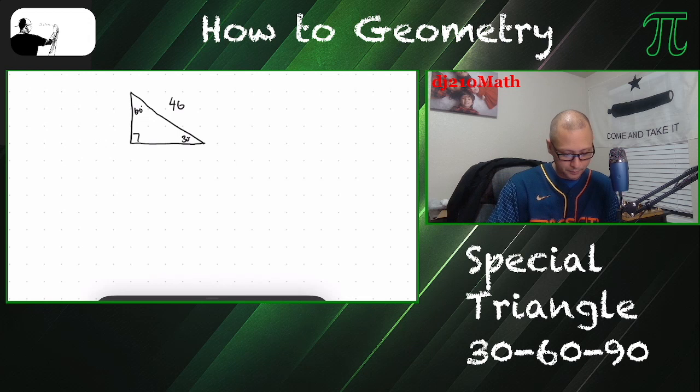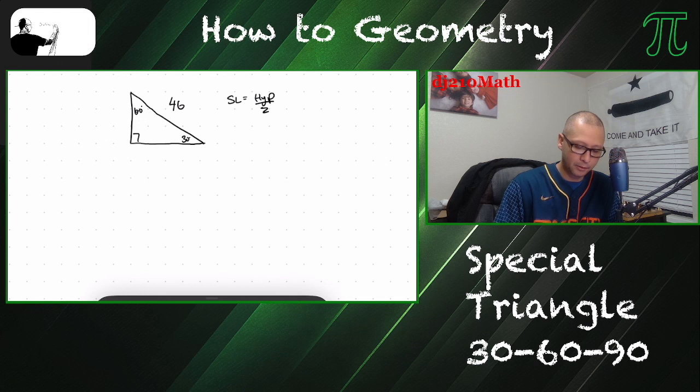All right, in this example, again, we're given the hypotenuse, which is 46. And from the hypotenuse, the first place we go is the short leg. So short leg is going to be hypotenuse divided by 2. 46 divided by 2, 23.